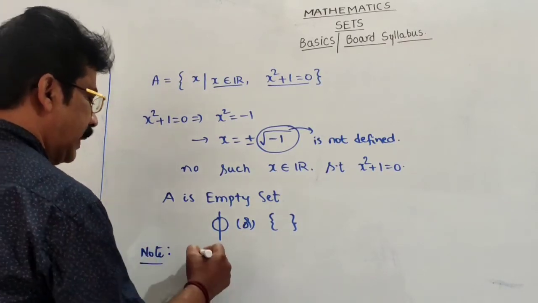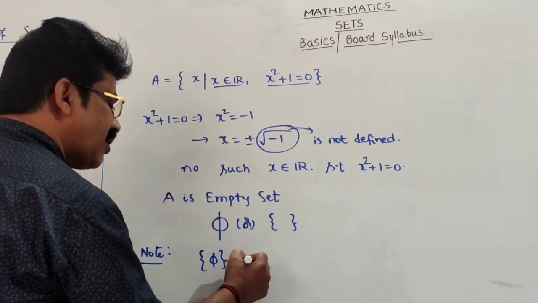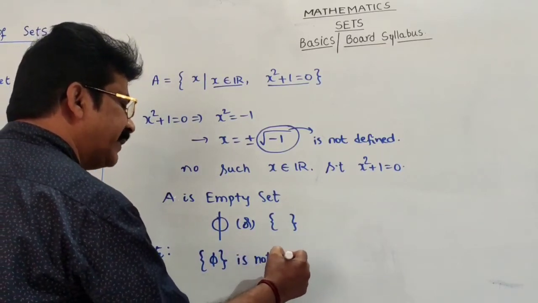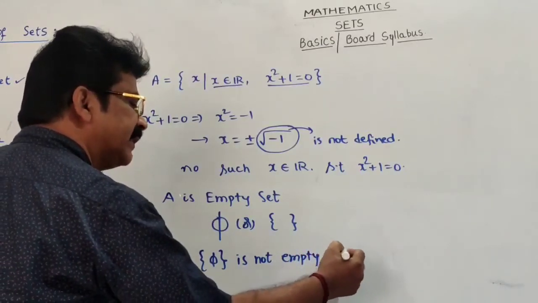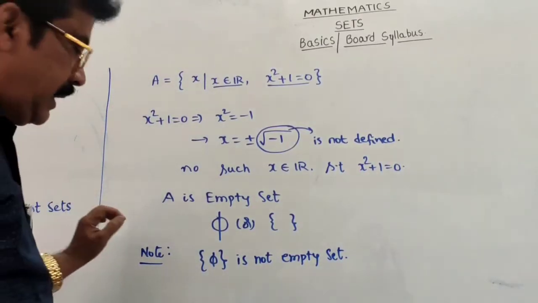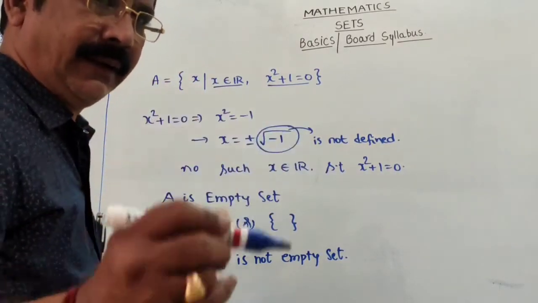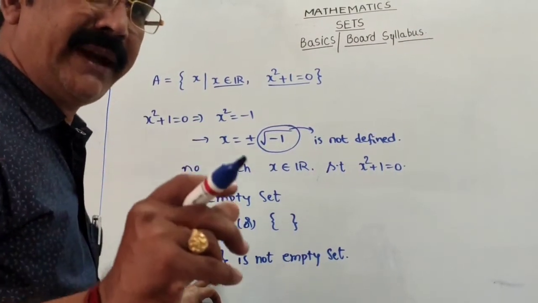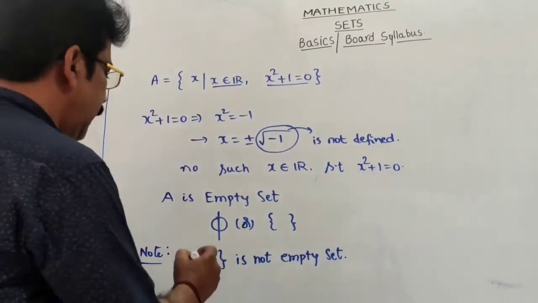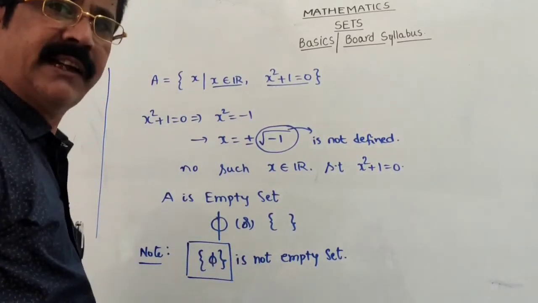Note: the set of 5 is not an empty set, because this is a set which contains the element 5. Therefore, the set of 5 is not an empty set.